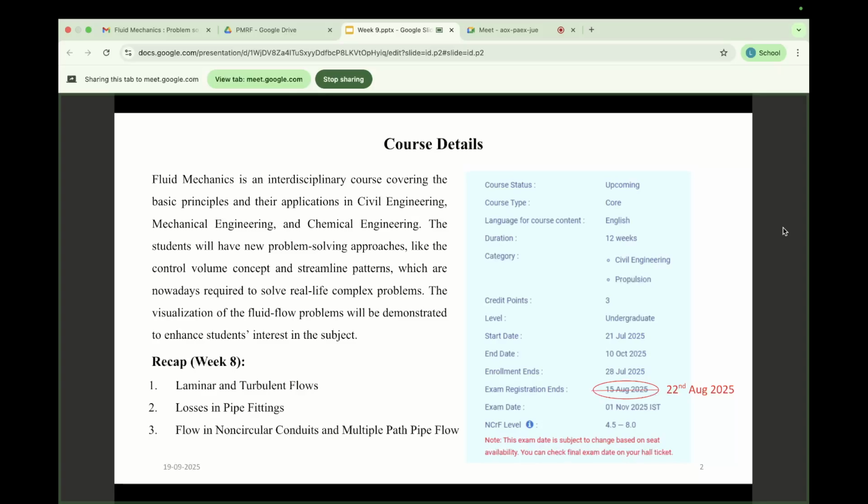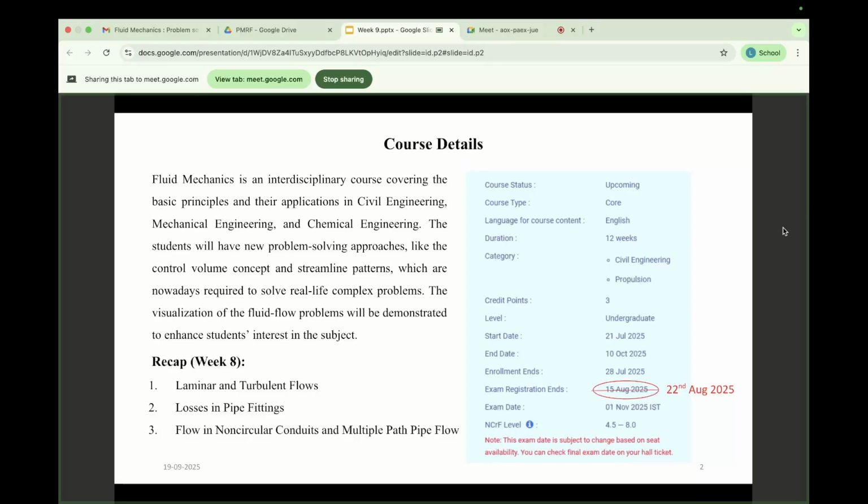Before going into today's live interactive session, let me brief you about this subject. Fluid mechanics is an interdisciplinary subject, quite essential for students of civil, mechanical and chemical engineering.